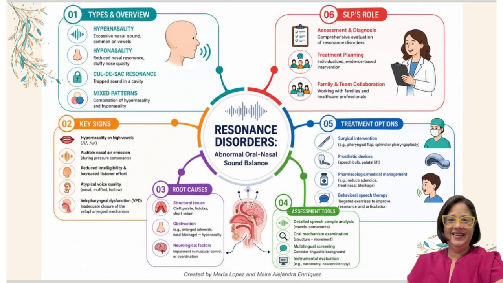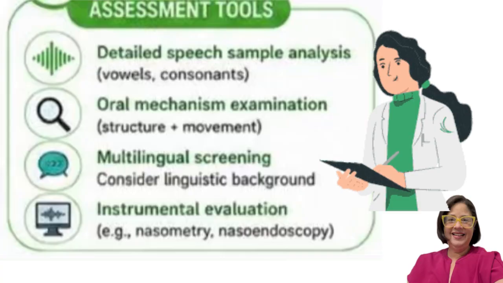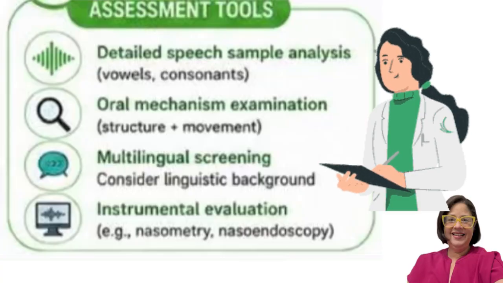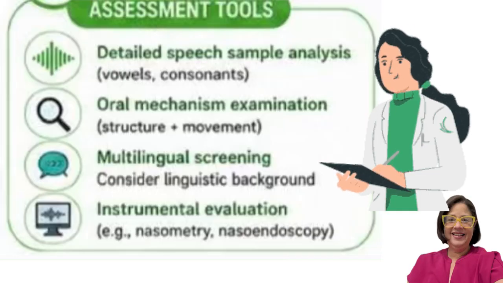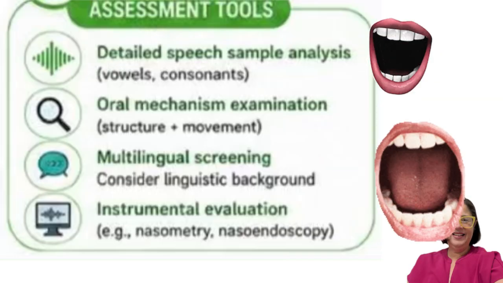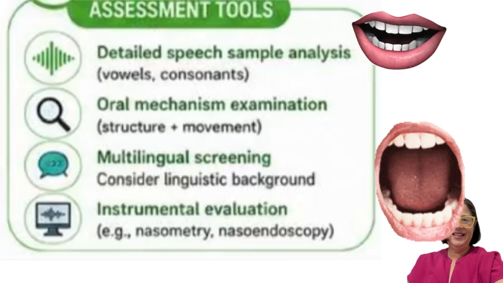Once we have identified the signs, the next step is assessment. Our mind map outlines 4 key evaluation approaches. First, a detailed speech sample analysis, examining how the patient produces vowels and consonants in connected speech. Second, an oral mechanism examination, that is, observing both the structure and the movement of the articulators and velopharyngeal mechanisms.